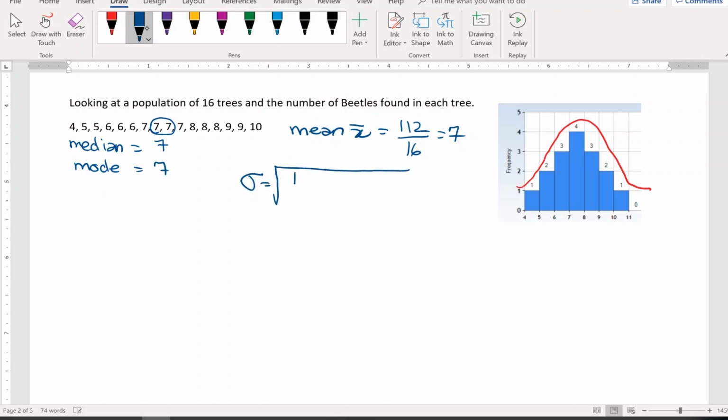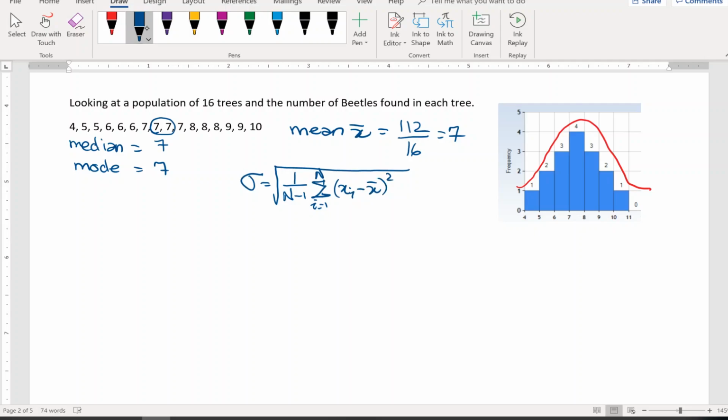Because this is a sample, we have 1 over n minus 1, and we're taking the sum from 1 to n. Let's take a look at what this means.